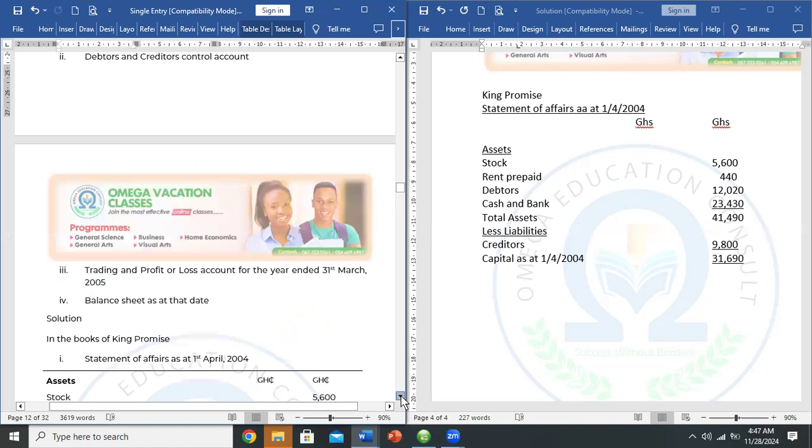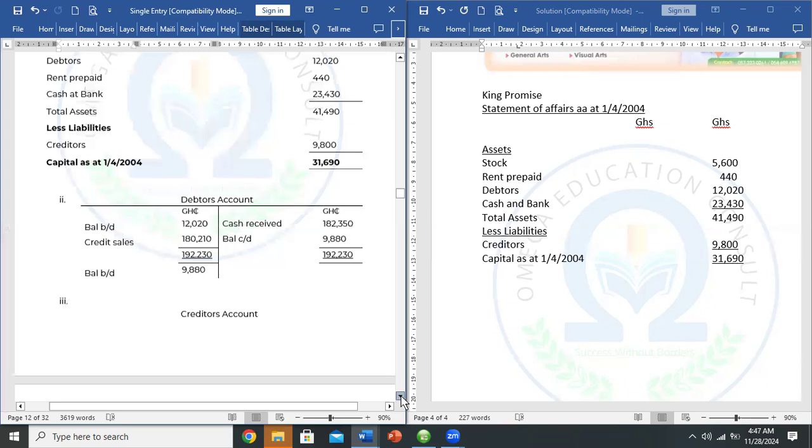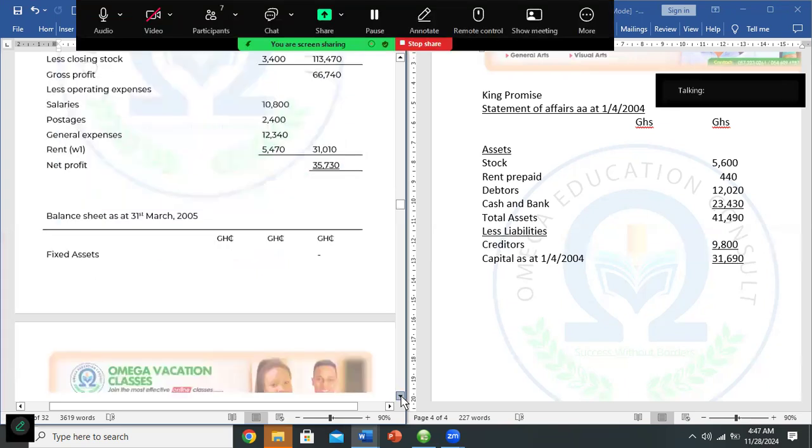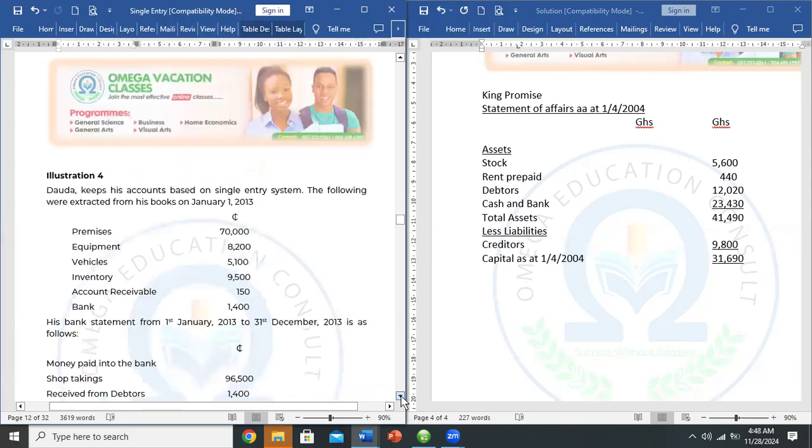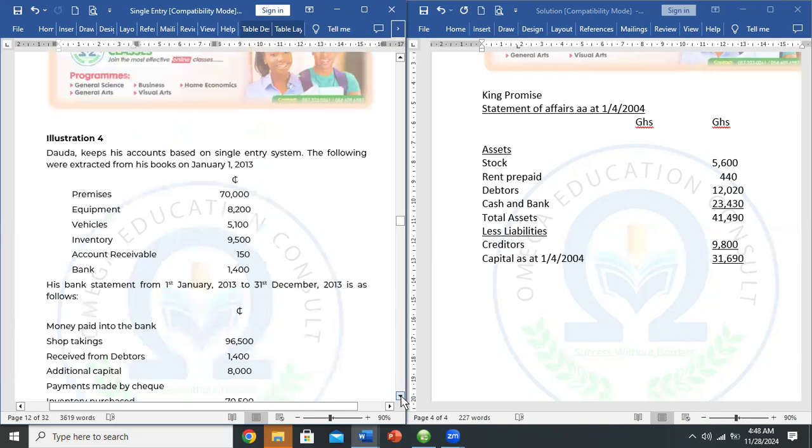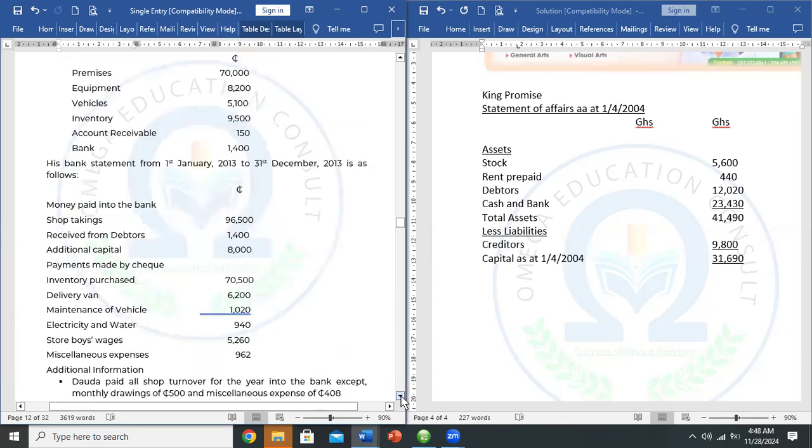So I guess the next illustration would be flying on your page for you to prepare and submit for me to mark and give you feedback on how well you performed. There's another one here, another illustration here, but I think my professors can do justice to it when it comes to preparing the statement of affairs.